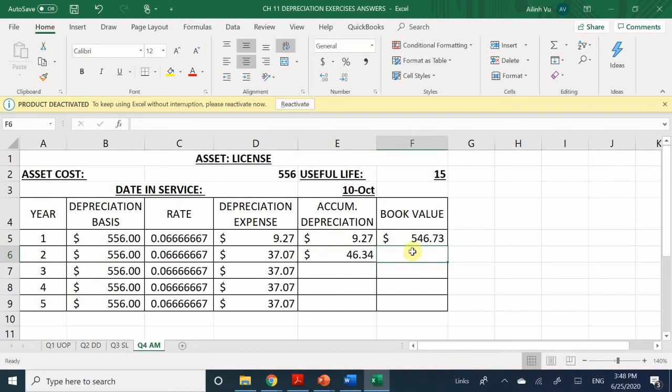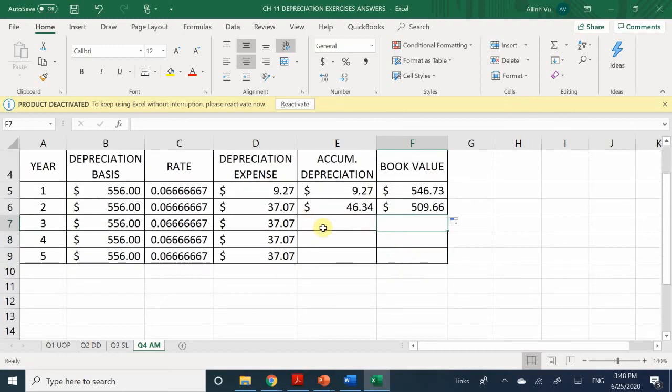All right. So then, what is my book value for the second year? 509.66. Yes. Okay, hopefully, let's see if this will add up now. 4 plus 7 is 11, so that's correct.